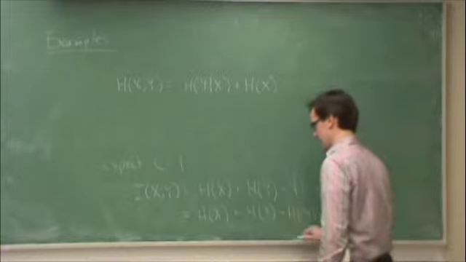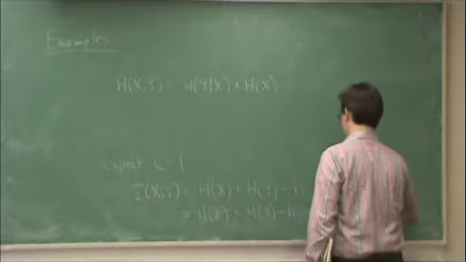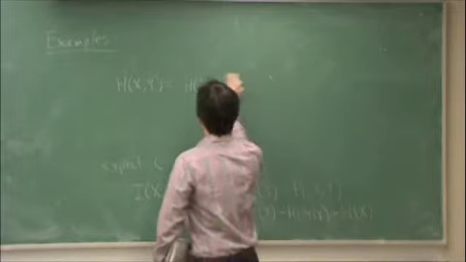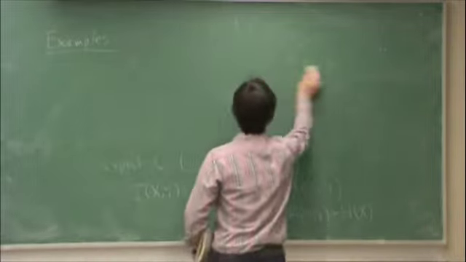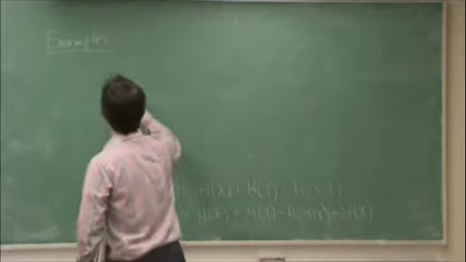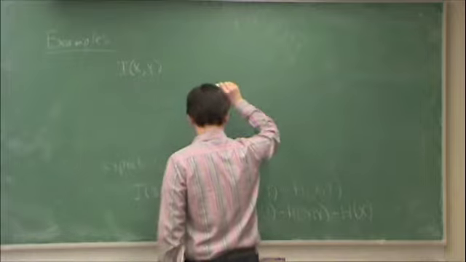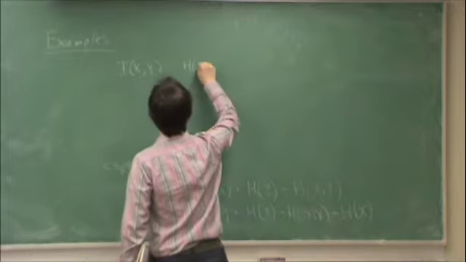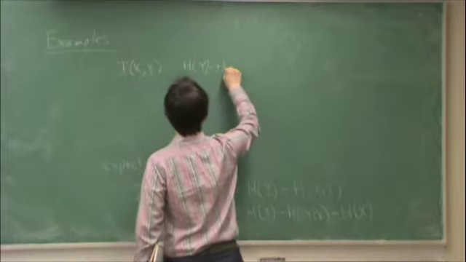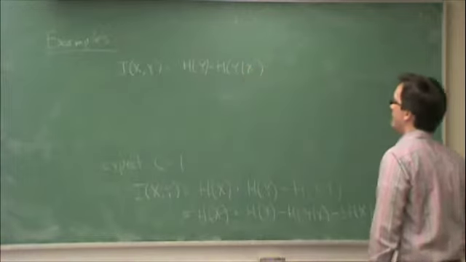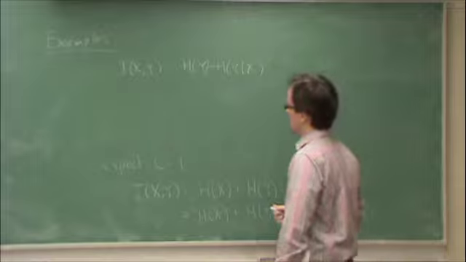So this cancels with that, and mutual information is H(Y) minus H(Y|X). Okay.